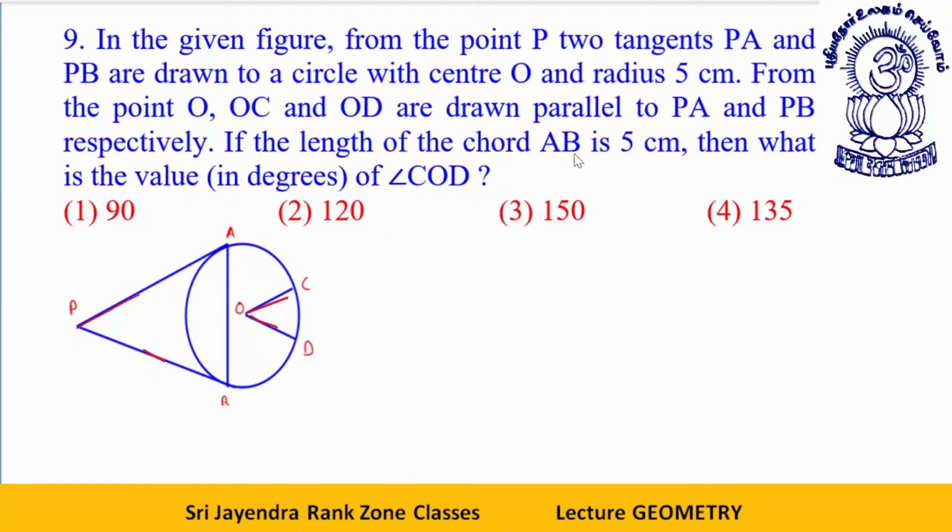If the length of the chord AB is 5 centimeter, then what is the value of angle COD? You have to determine this angle COD. Okay, dear students, see, we have radius 5, also AB as 5.